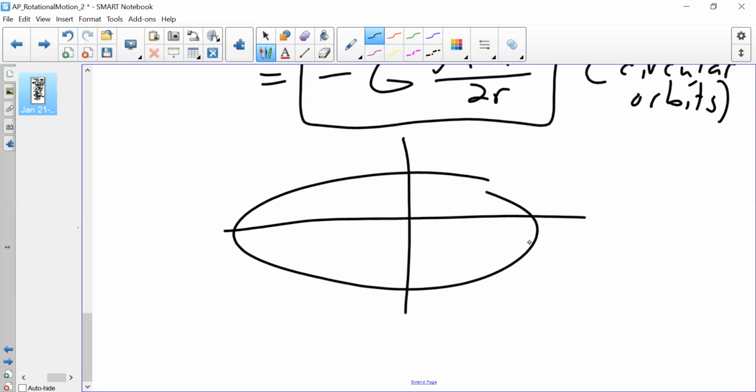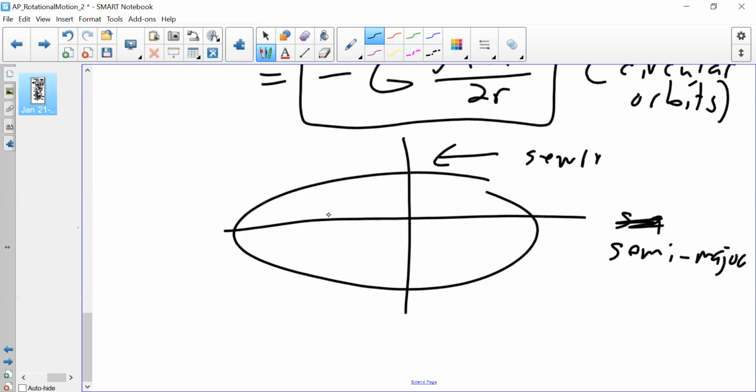This will be the semi-major axis, and this would be the semi-minor. So there's not a radius per se of an ellipse. It's a semi-major axis.